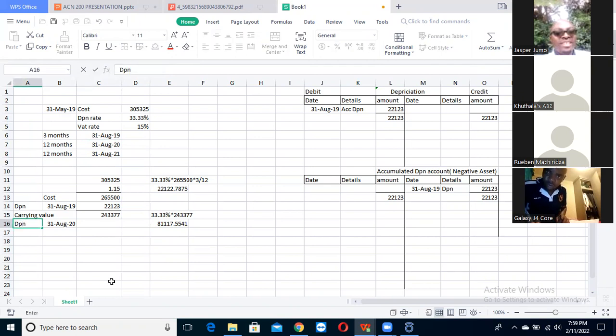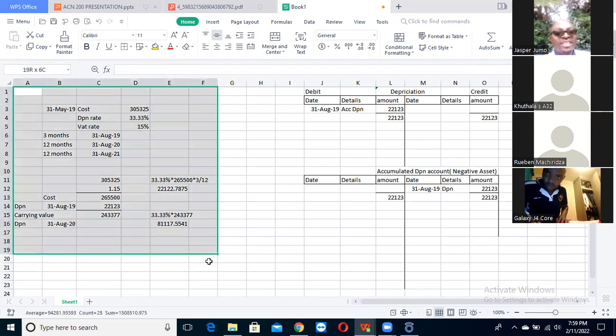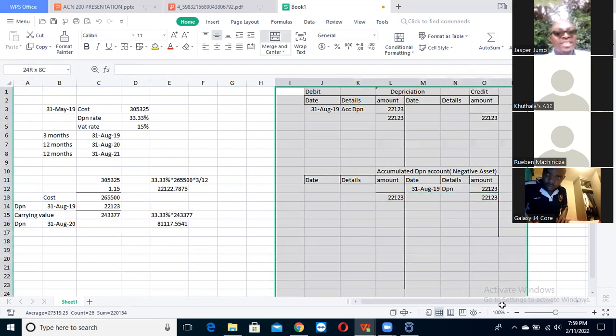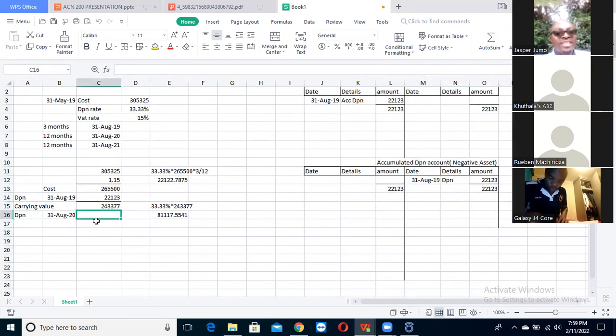Take note that what I'm doing by the side is a working sheet. So you must know where to conduct your workings and where to present your answers. This is a working sheet, and this is the presentation of the answer. So our depreciation charge for the year, we were told that we must round off to the nearest rand.